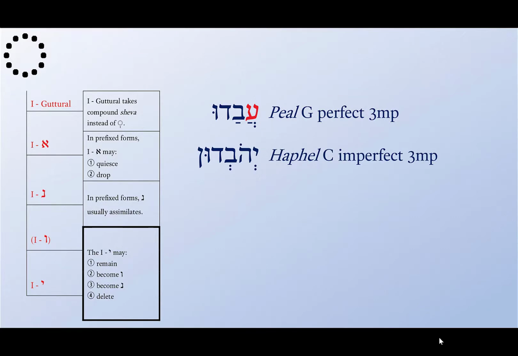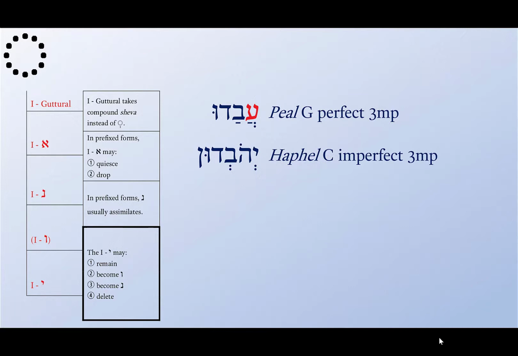The yod at the front, that's an imperfect prefix. The hey that follows it, that's the hafel prefix. And then we get beit dalet, and then we hit shurik vav nun, which has to do with the imperfect third masculine plural form. So all we have for a root in this form is beit dalet. That's because the aleph has dropped out. And we may not have expected that from our biblical Hebrew intuition.